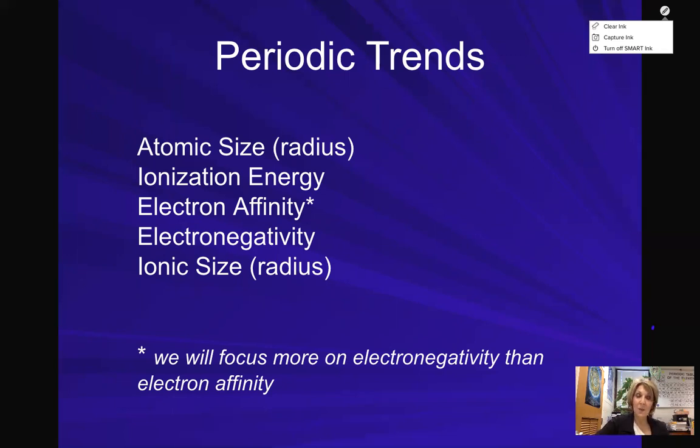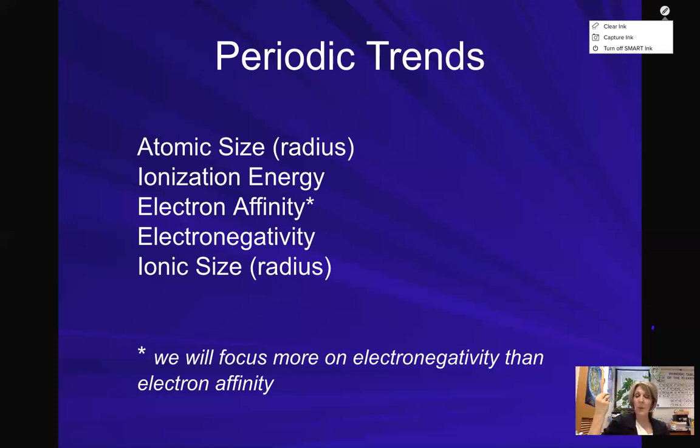The next periodic trend, and we see a trend of that, is there's a pattern to what size these atoms are. Ionization energy is the energy needed to remove an electron, so to pull an electron off. If you have to pull really hard to get an electron off, then that's a high ionization energy.